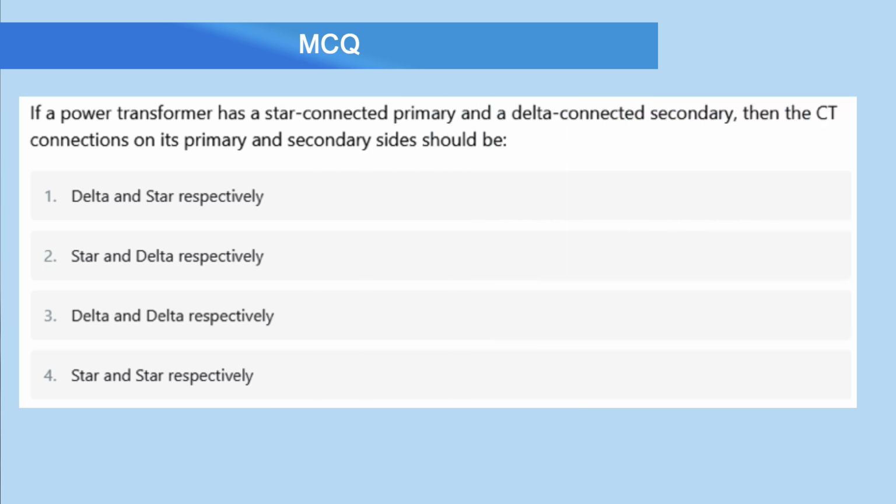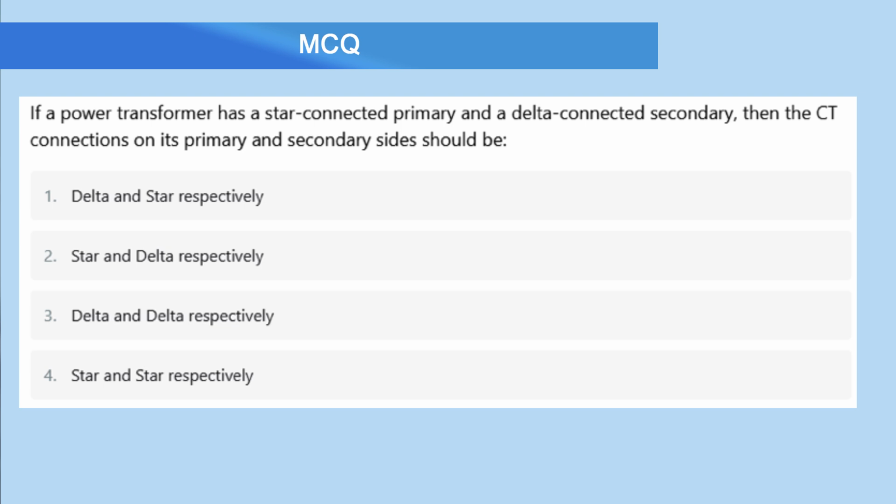Next question: if a power transformer has a star connected primary and a delta connected secondary, then the CT connections on its primary and secondary sides should be: first option delta and star, second option star and delta, third option delta and delta, and fourth star and star.